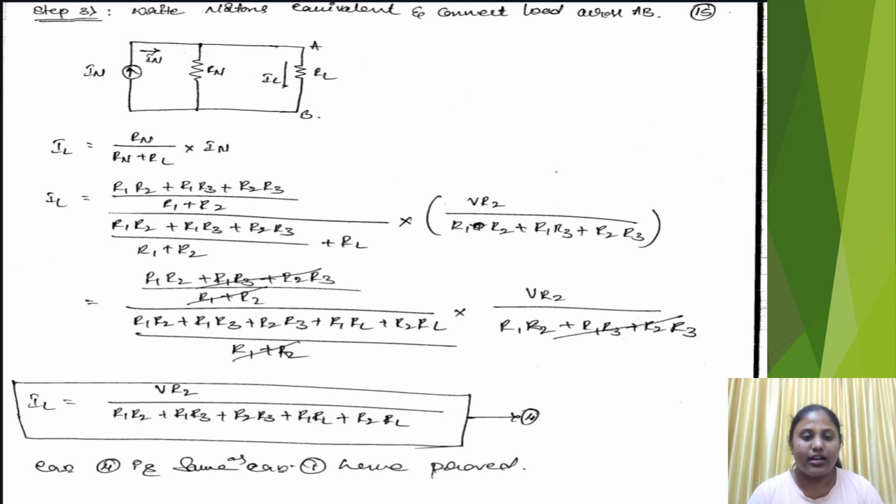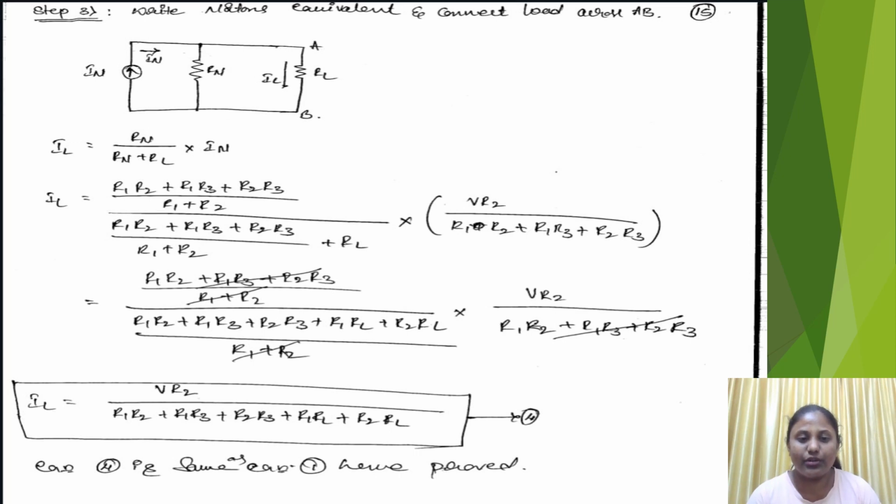IL equals R1 R2 plus R1 R3 plus R2 R3 divided by R1 plus R2, whole divided by R1 R2 plus R1 R3 plus R2 R3 plus R1 RL plus R2 RL divided by R1 plus R2, into V R2 divided by R1 R2 plus R1 R3 plus R2 R3.